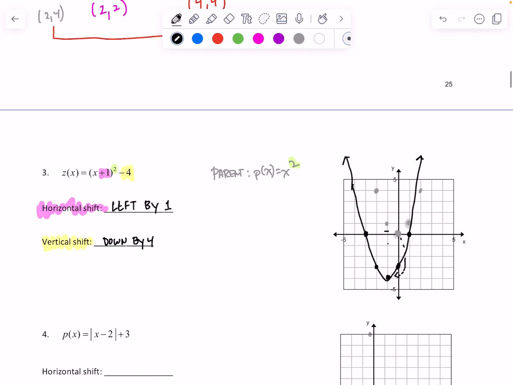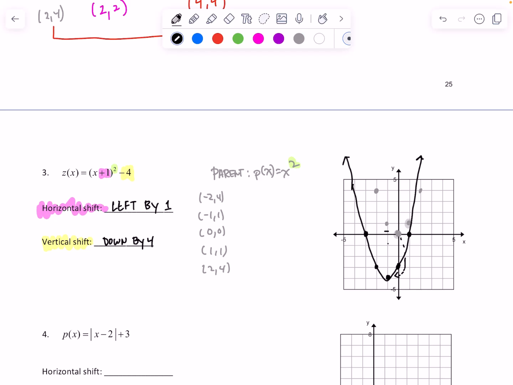So if we want to examine what each of the points is doing, here I'm going to make a list of the points on the parent: negative 2, 4, negative 1, 1, 0, 0, positive 1, 1, and positive 2, 4.